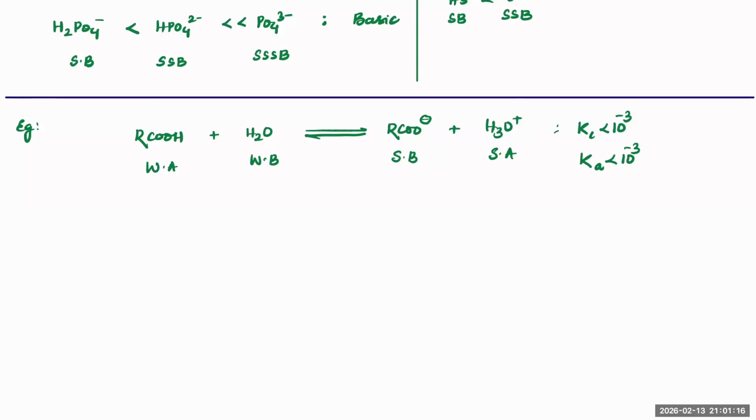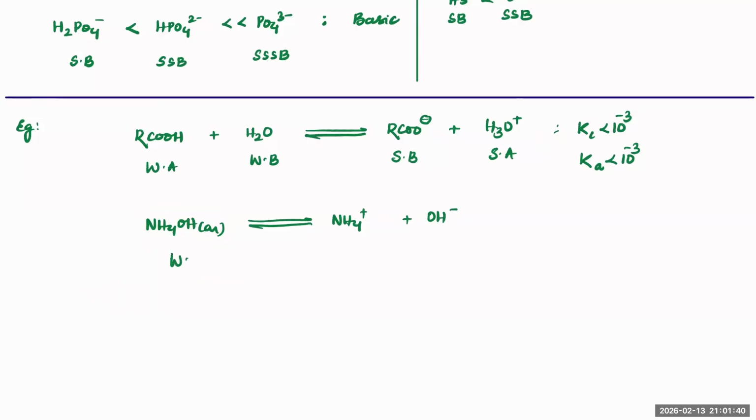And the same goes for bases also. For example, if I have NH4OH in the aqueous solution, and I let it dissociate into NH4+ and OH-. NH4OH, I can write separately as ammonia plus water, or I can directly write it down.